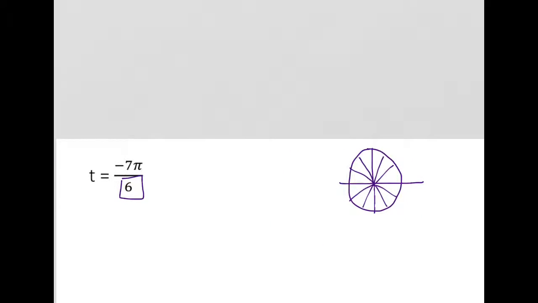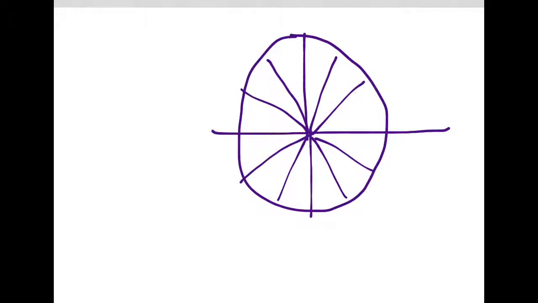So now I have 12 equal pieces, each half has 6, and all I have to do is count. And let's go to whatever value is in that numerator, negative 7. The negative tells me to go clockwise, so I start right here and I go 1, 2, 3, 4, 5, 6, 7, and I end up right there.